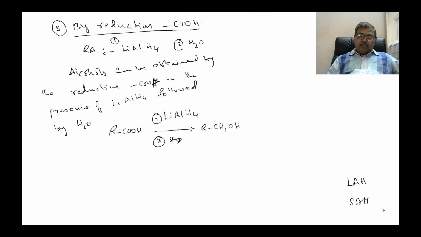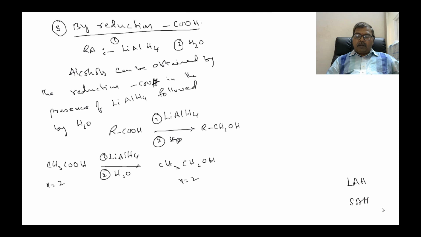Now, CH3COOH: first reduction with lithium aluminum hydride, second step hydrolysis. You will get CH3CH2OH. Here the number of carbon atoms is 2, and here also 2. Clear? Next.